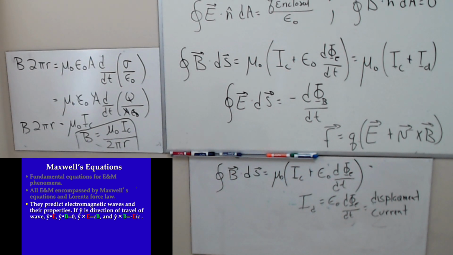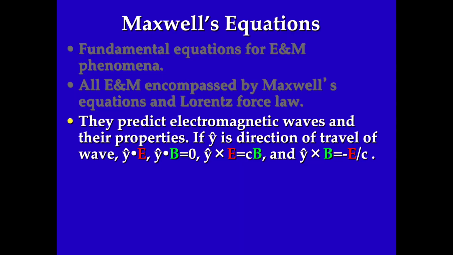If you solve the equations for various cases, you can show that if we define y hat as the direction of travel of the electromagnetic waves that are produced, then y dot E, the dot product of the unit vector that represents the direction of travel of the wave with the electric field, and y dot B, with the magnetic field, are 0.